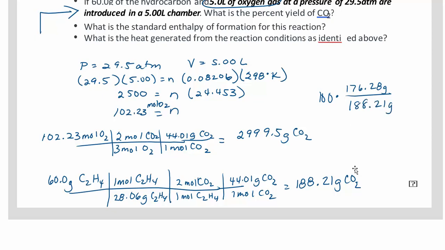So when I perform that calculation, divided by 188.21, I get a percent yield of 94.19%. And it looks like we have 5 significant digits here. That may have been overkill because there were only 3 significant digits here. I would take 94.2 all the same.